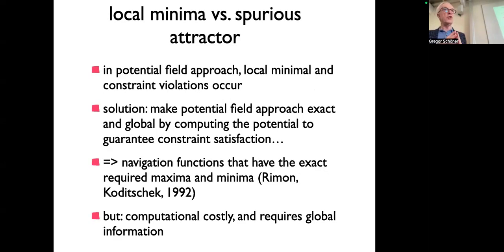There is also a solution to the potential field approach problem of local minima that is exact. And that's called sometimes navigation function approach, developed by someone working with Kodychek, Hilman and Kodychek. They called it navigation function. That is a case where they compute the potential.